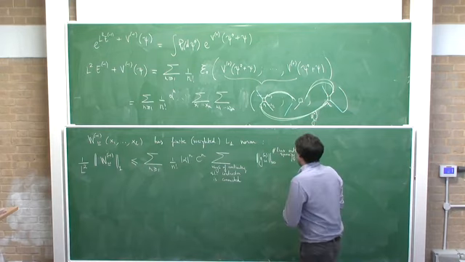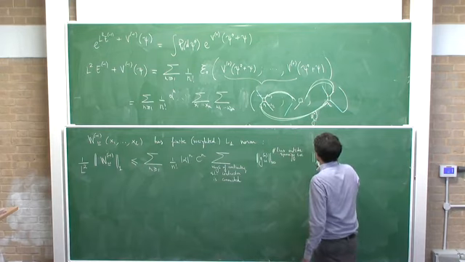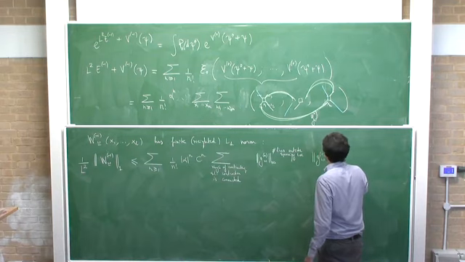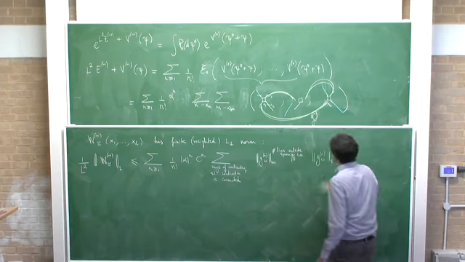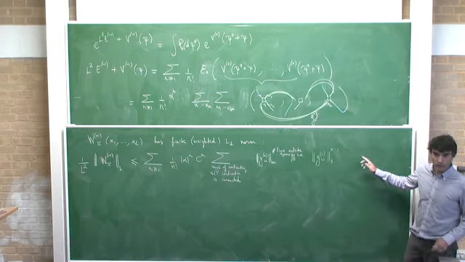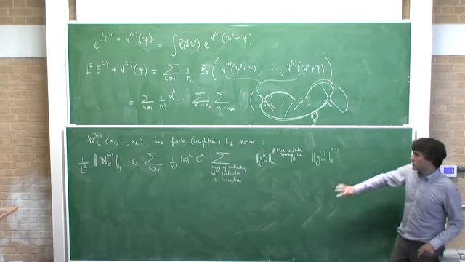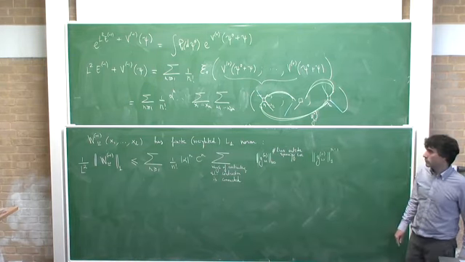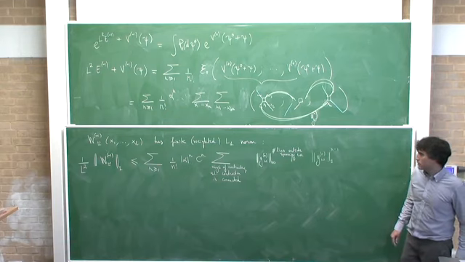And then I have the guys on the spanning tree. Please ask me if this is unclear, because if it is unclear, this is one of the things that will be used hundreds of times in the next 2 lectures. Is it clear, this way of bounding the L1 norm of the diagram?